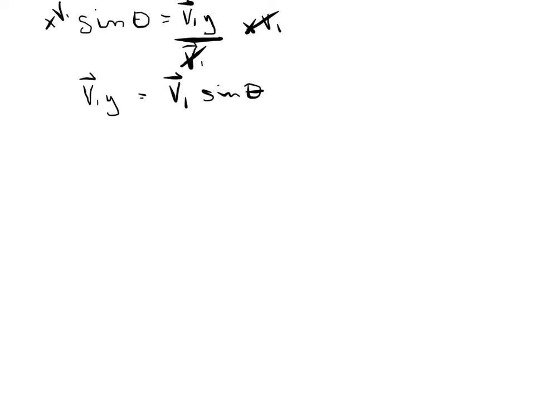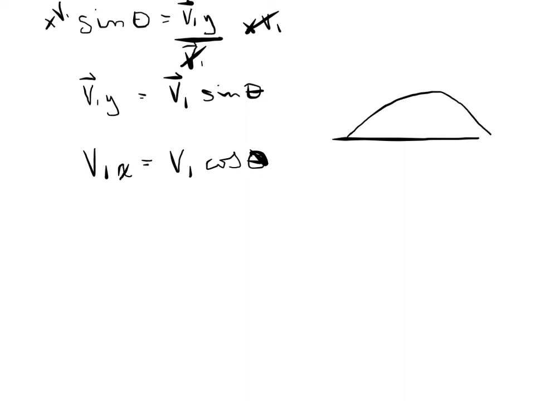For the same reason, but using cos, v1x equals v1 cos theta. This is true if this angle, the angle between the launch velocity and the horizontal, is given.